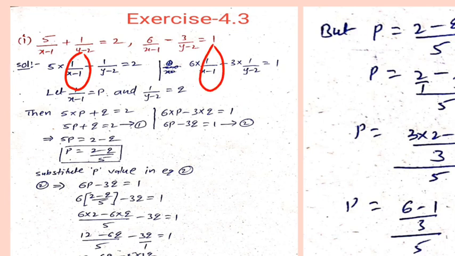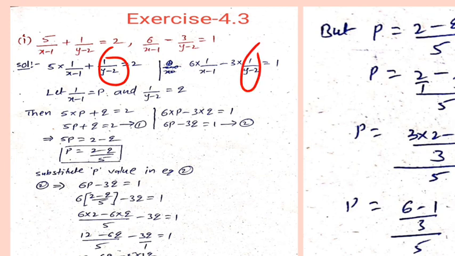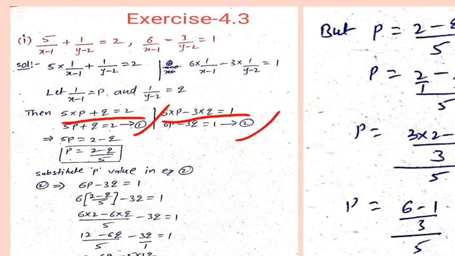So let 1 by x minus 1 equal to p. Next, 1 by y minus 2 appears in both, so let 1 by y minus 2 equal to q. At the place of 1 by x minus 1 substitute p, and at the place of 1 by y minus 2 substitute q. Then the equations become 5p plus q equal to 2, 6p minus 3q equal to 1. Equation 1, equation 2.